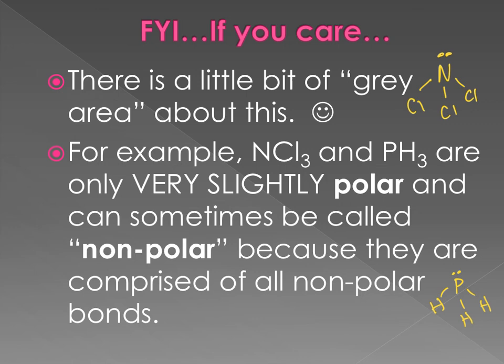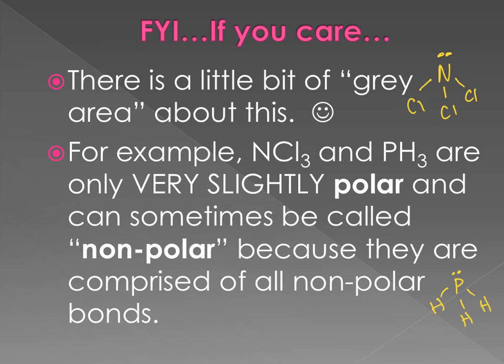For this last slide, I'm going to mention it only because some of you might Google some information. There's a little gray area. A couple slides back, we mentioned that if the molecule contains all nonpolar bonds, the molecule itself is automatically nonpolar.